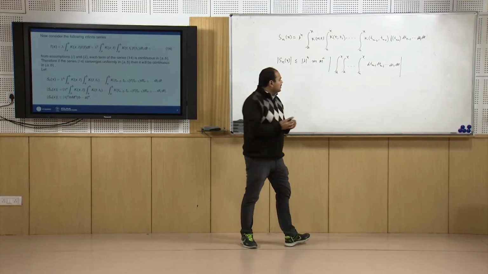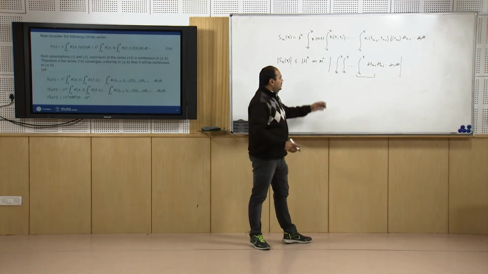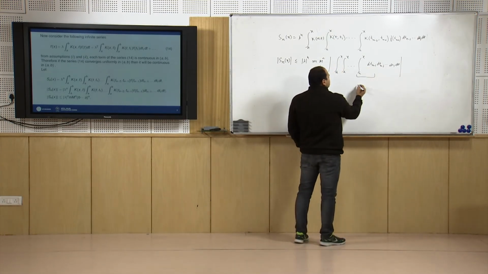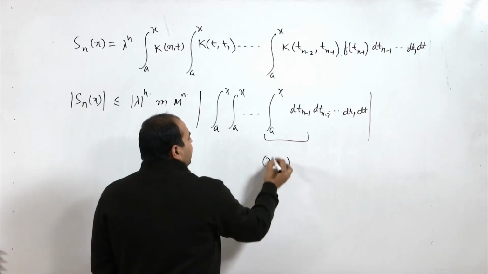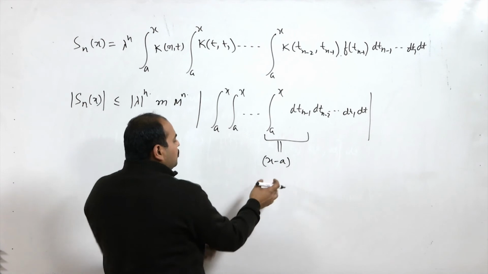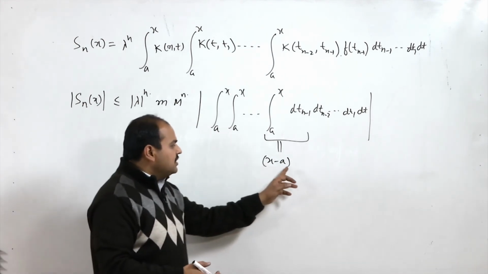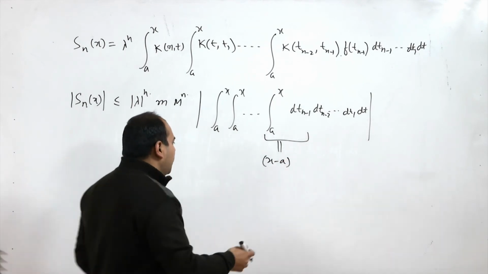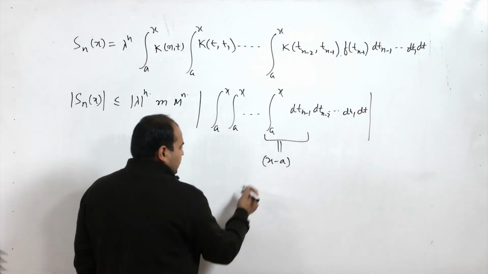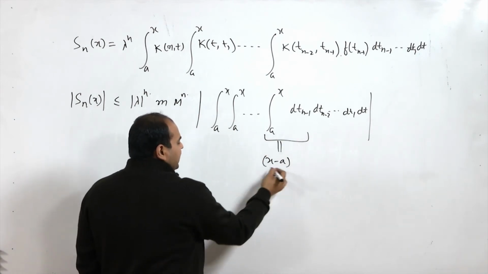If you look at here, if you solve the inner one, you can write it as x minus a, the first one. Now next if you integrate it, you will get x minus a whole square upon factorial 2.